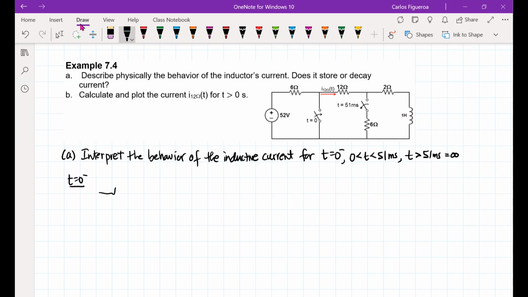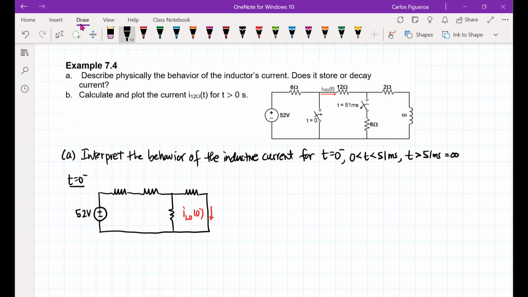I'm going to have two resistors in series, then this 6 ohm right here, and then my short of my inductor. Here's my 52 volt source, and right here is my inductive current. I have to be careful with my notation, so I'm going to call that IL of 0.